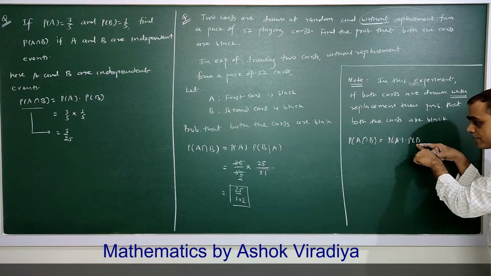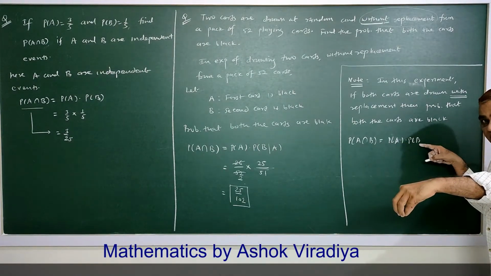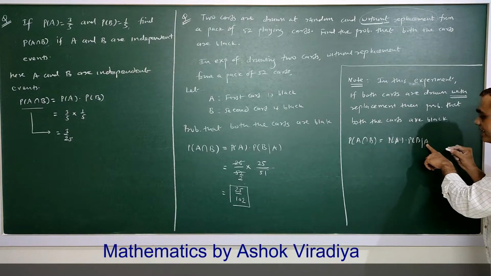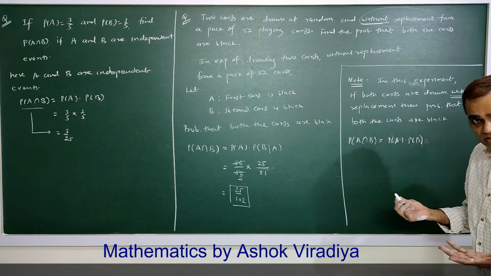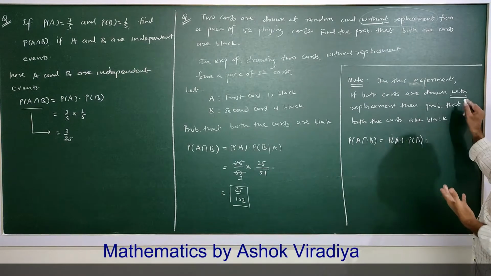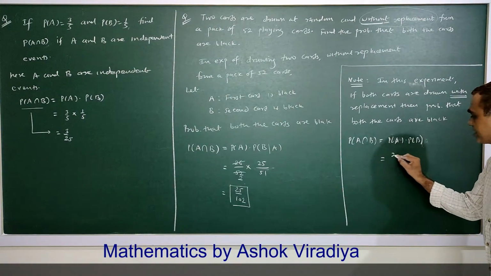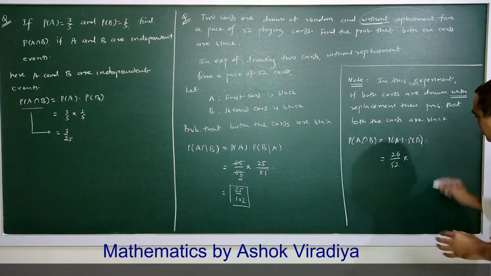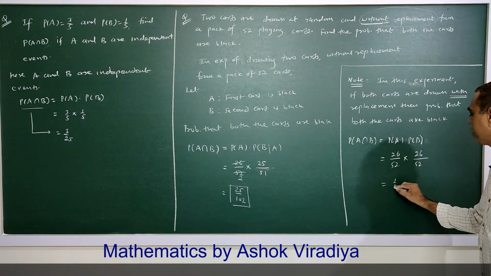So when you take the second black card, the status is the original status, already 52 cards, so no effect on B. The second event will not be affected by A, because the number of cards remains the same. So in this example, A and B are independent events if this condition of replacement is given. So the probability is 26 black cards out of 52 total, and again for the second card the same number of black cards and total cards. So that is 1 by 4.